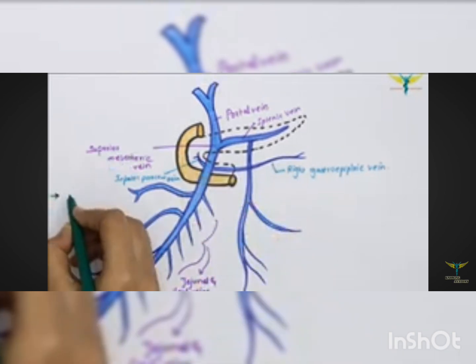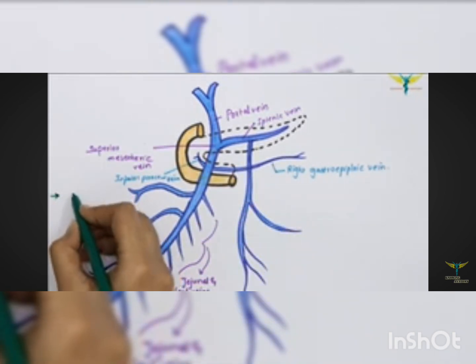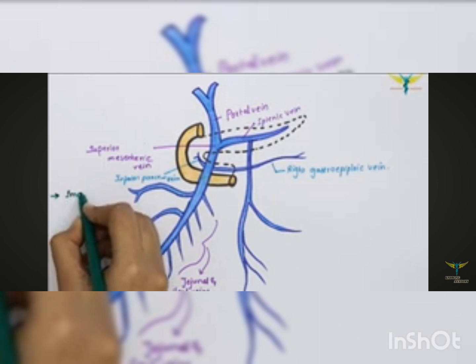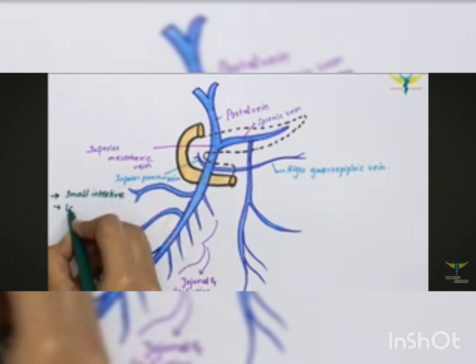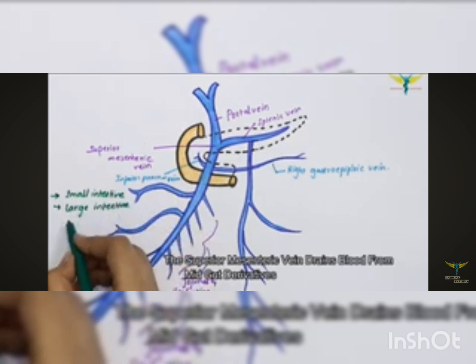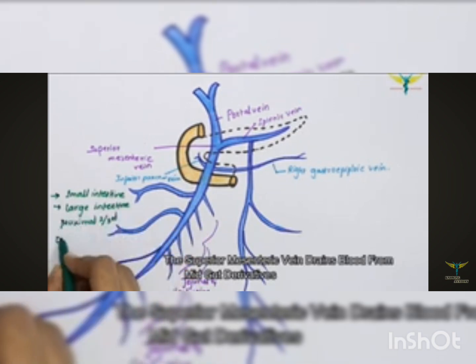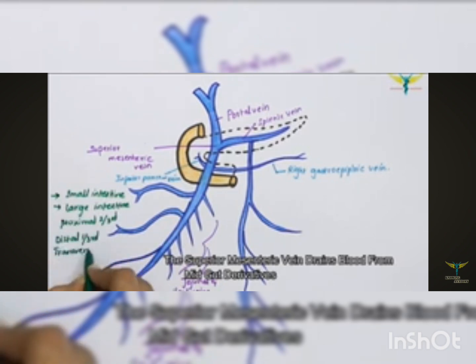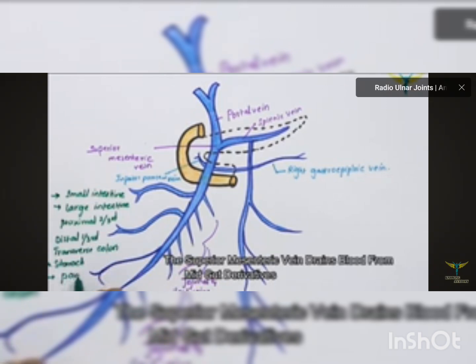So remember, the superior mesenteric vein drains the venous blood from the small intestine, large intestine, that is up to the junction of the proximal 2/3 and the distal 1/3 of the transverse colon, the stomach and the pancreas.